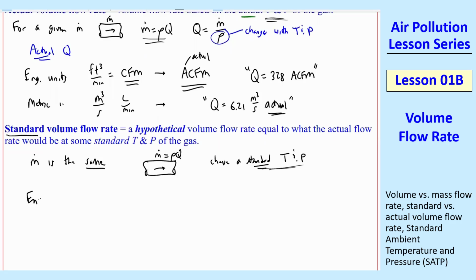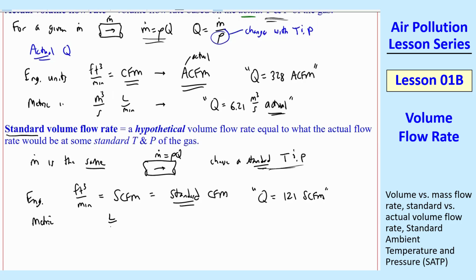So again, in English units, we would have feet cubed per minute, SCFM, where the S stands for standard cubic feet per minute. So again, you would write Q equal some value, 121 SCFM, in the English system. In the metric system, again, there's no special units.